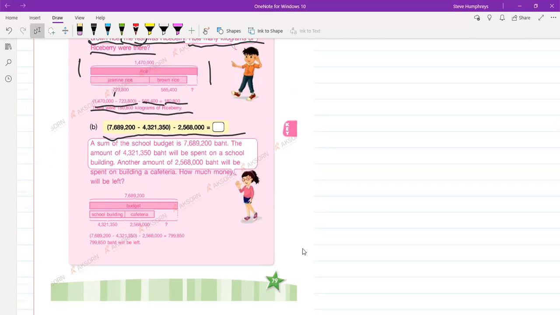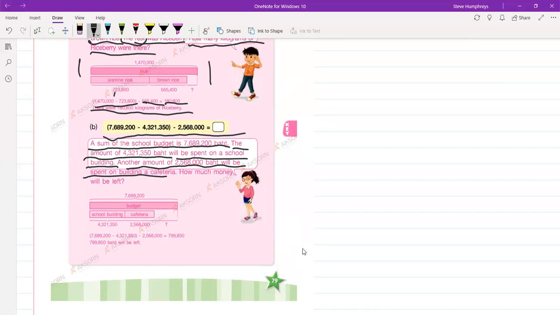3 numbers. A sum of the school budget is 7,689,200 baht. The amount of 4,321,350 baht will be spent on a school building. Another amount, 2,568,000 baht, will be spent on building a cafeteria or canteen.